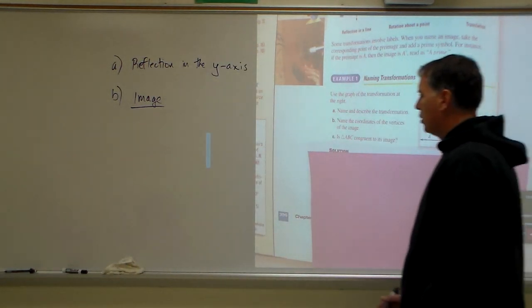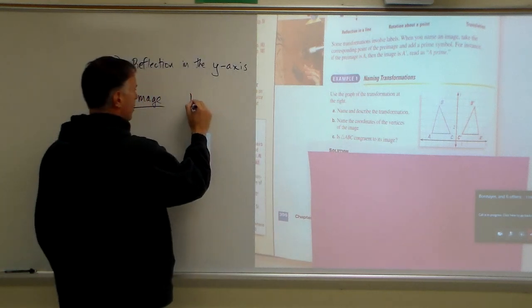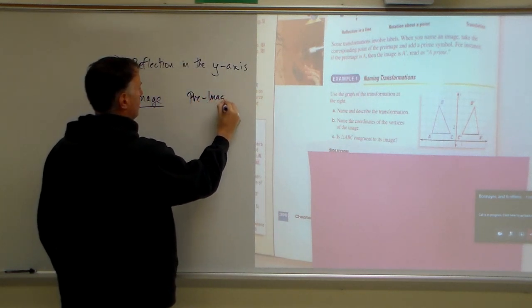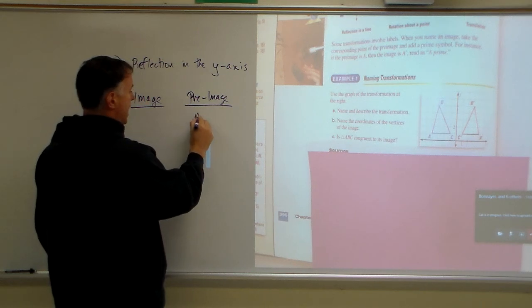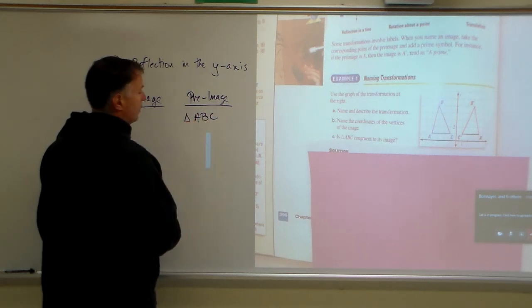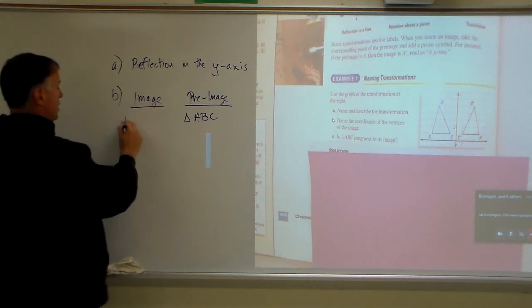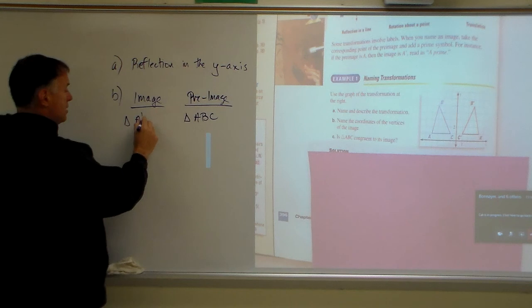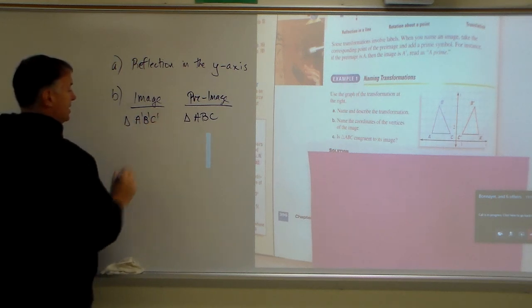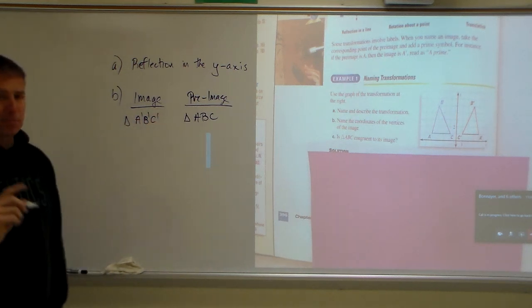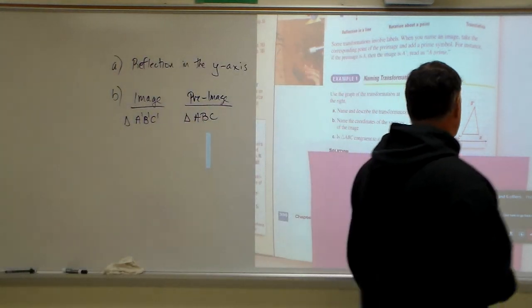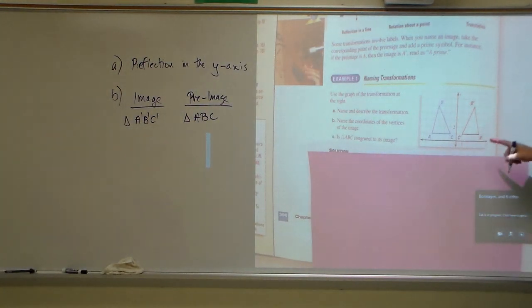Well, the original, I'm going to write up here, the pre-image, is A, B, C, and the new figure, the image, is triangle A prime, B prime, and C prime. That's how you know that this one's the new one. It has that little prime symbol, almost like a dash for an exponent. So that's how you know that that's the image.